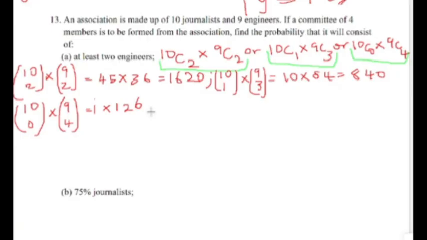Good. We know that these are mutually exclusive probabilities, so everywhere we see or, we replace it with an addition sign. So we're going to add these. This implies that we're going to have 1620 plus 840 plus 126.